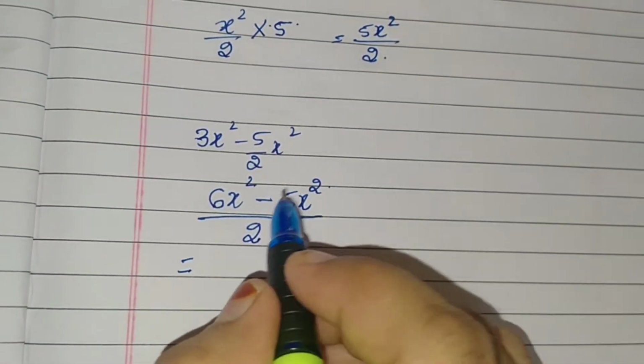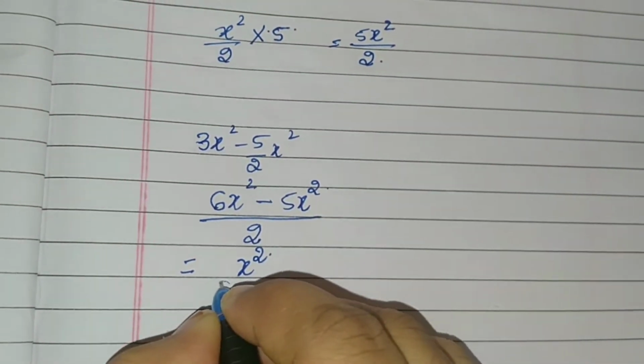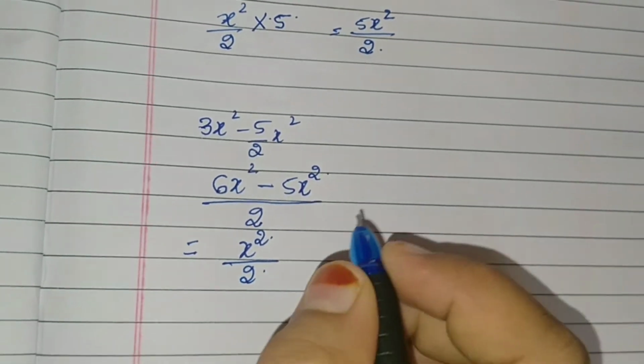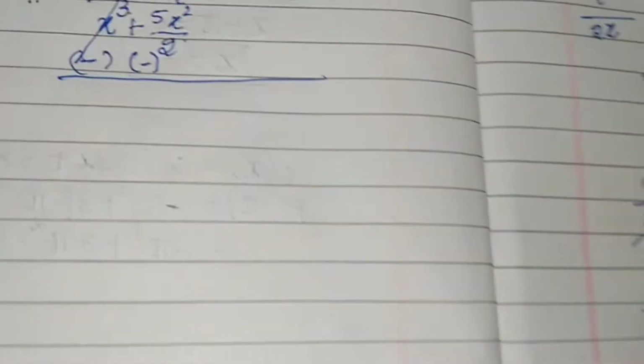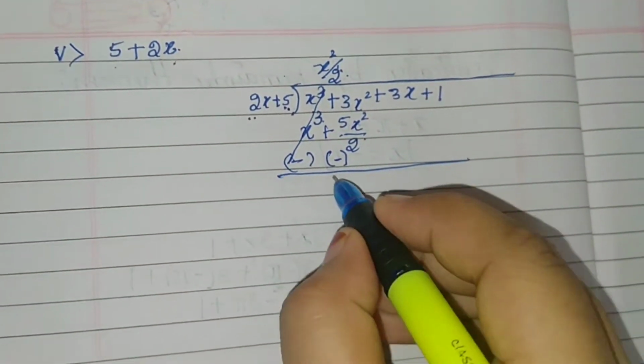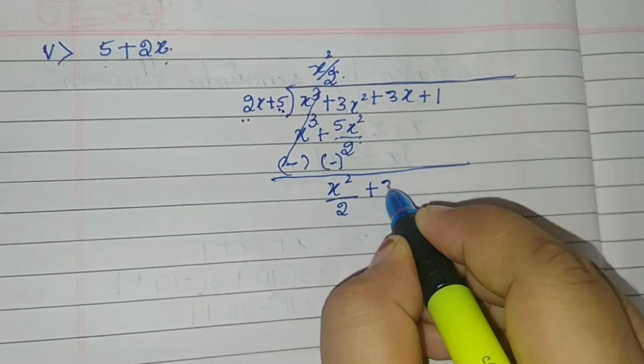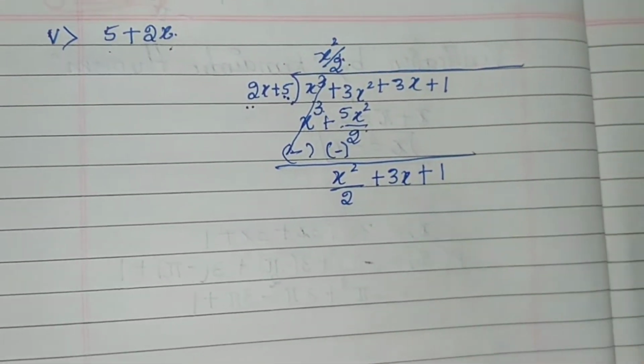This will be 6 minus 5, which is 1, so x square divided by 2. I am going to write over here x square by 2 plus 3x plus 1.